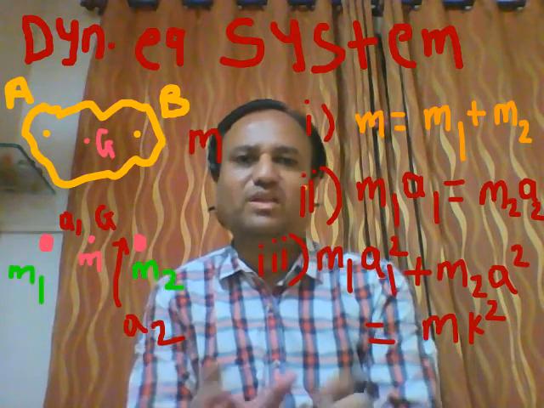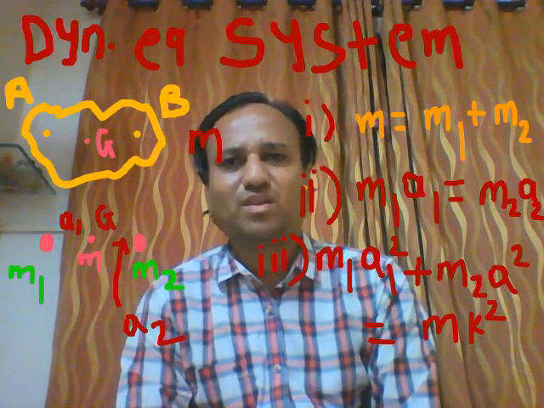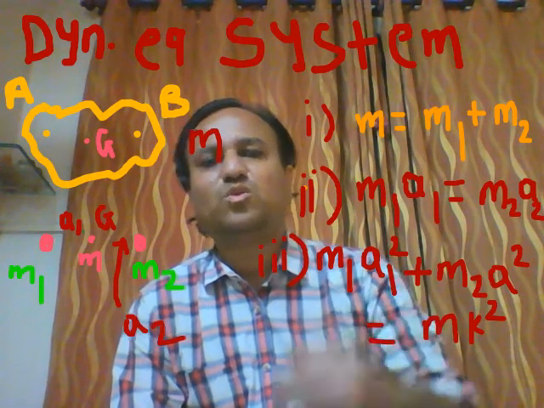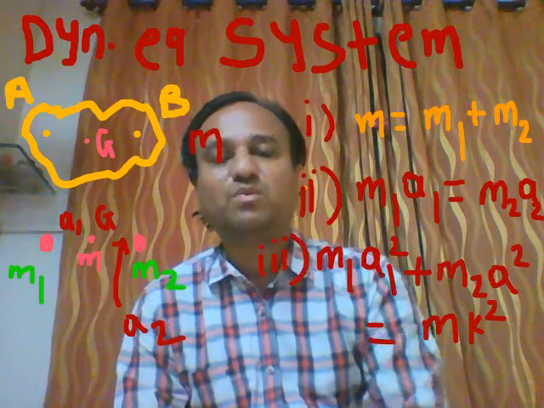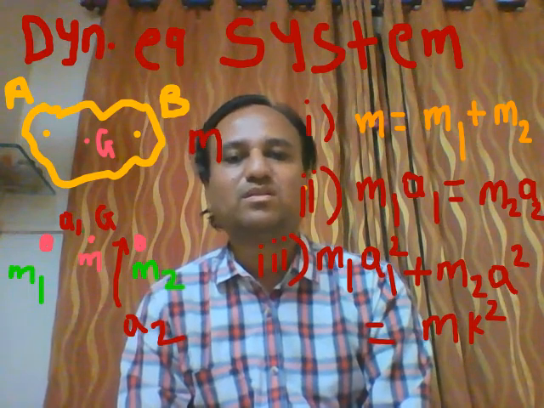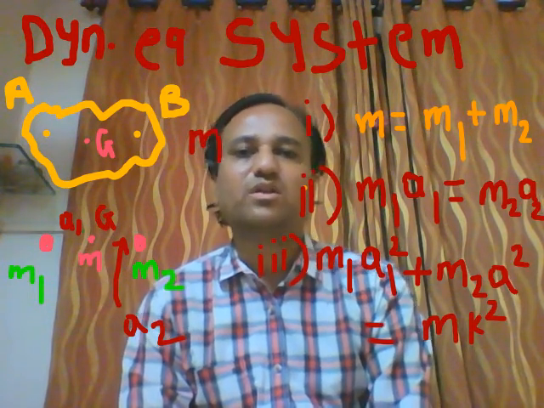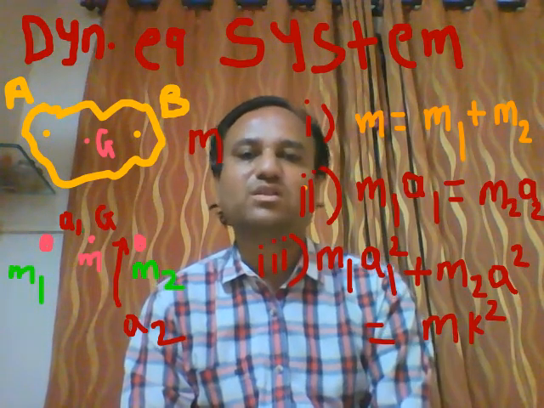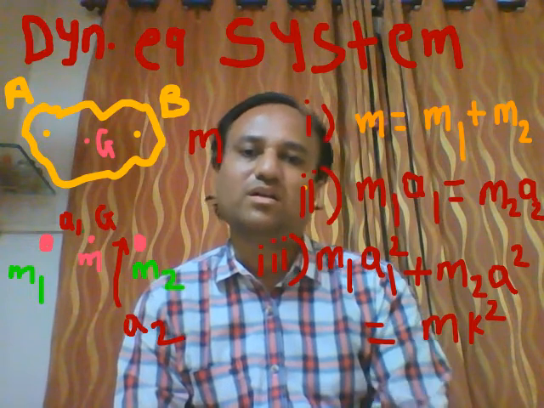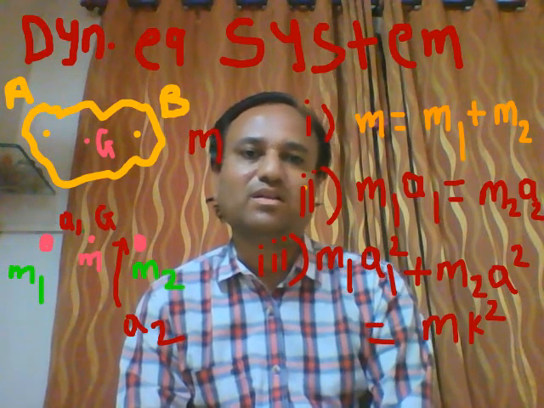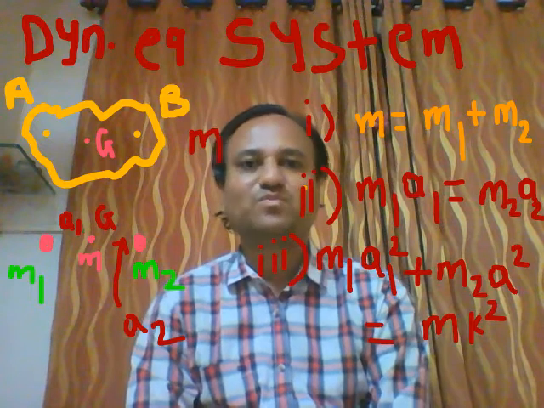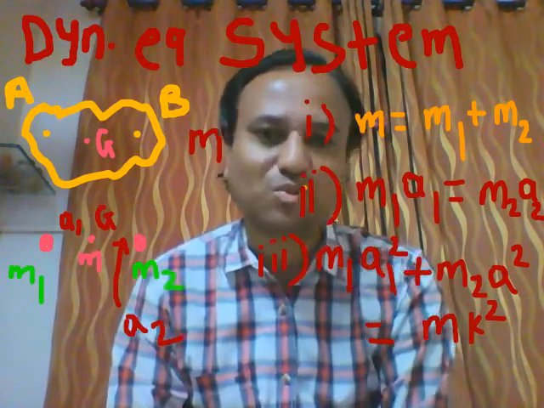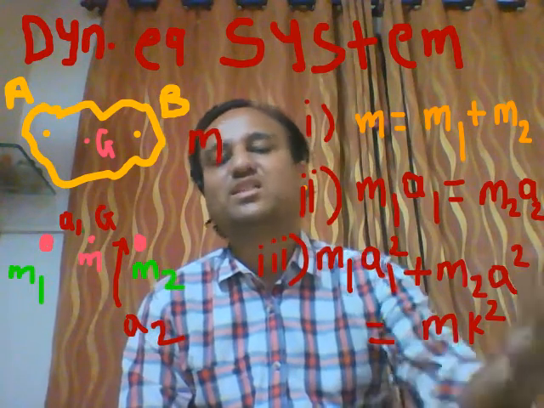So in simple words, why convert a single point into 2 points? That will be helpful to locate CG, since the body has an irregular shape. Then after locating CG, we can find the radius of gyration. Next we can calculate the moment of inertia. If you know the moment of inertia, you can calculate the inertia force or inertia torque.